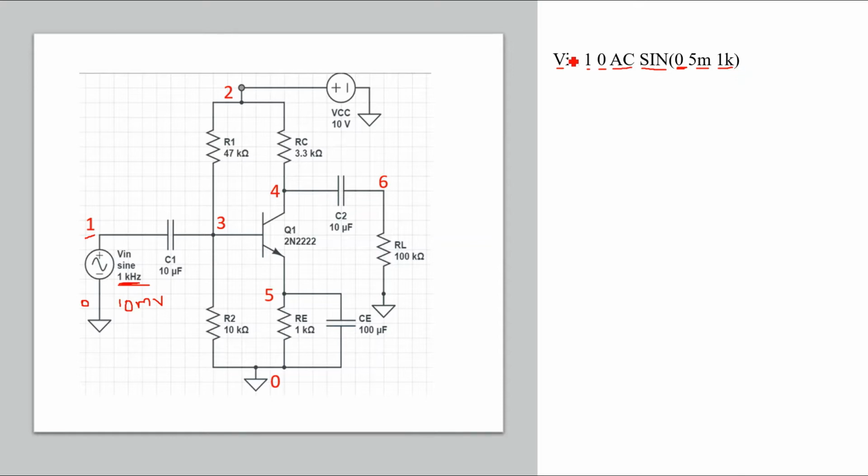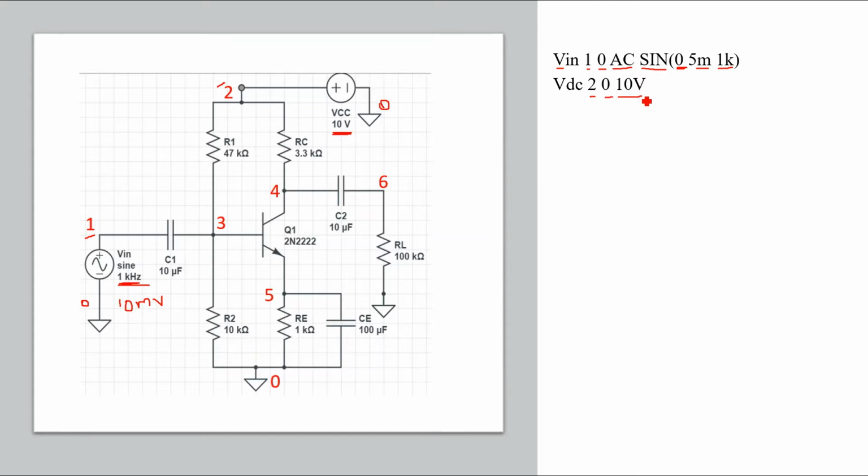Next is implementing the DC voltage. Again, capital V indicates voltage. Then it is connected between node 2 and node 0. So between 2 and 0, 10 volts.